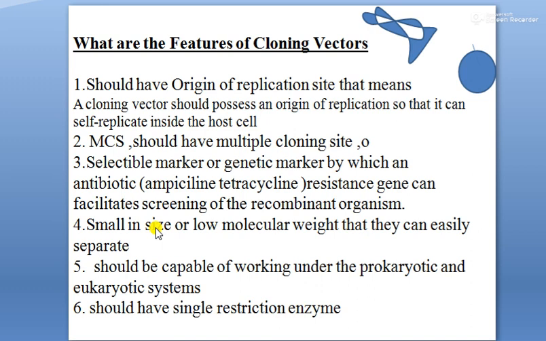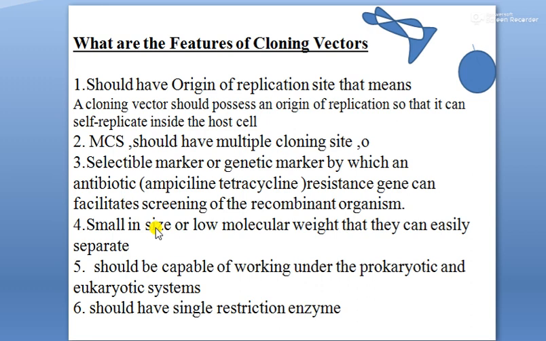When we compare a small or simple vector with a big or complex type of vector, it is very easy and comfortable to handle the small or simple one, right? That's why we need a small size or low molecular weight of the vectors.